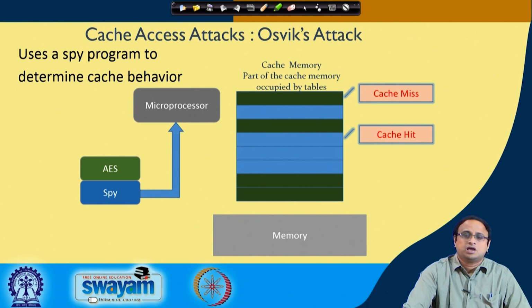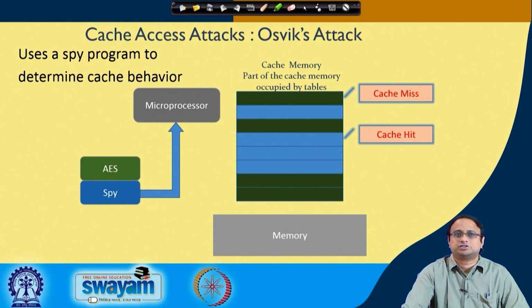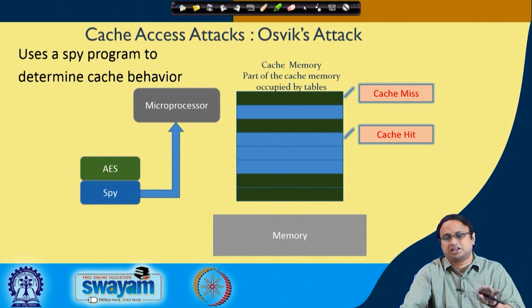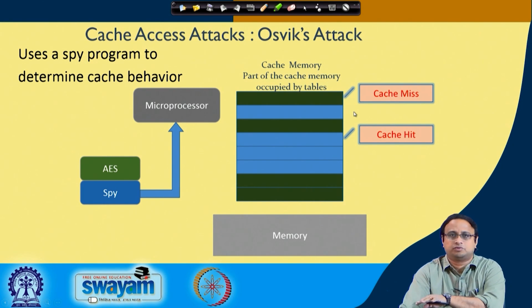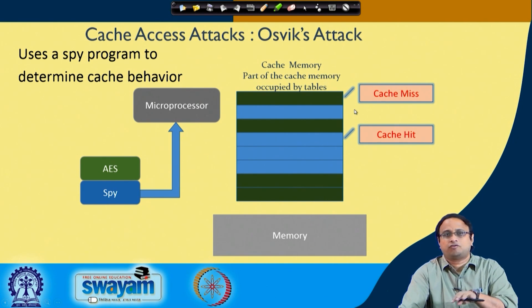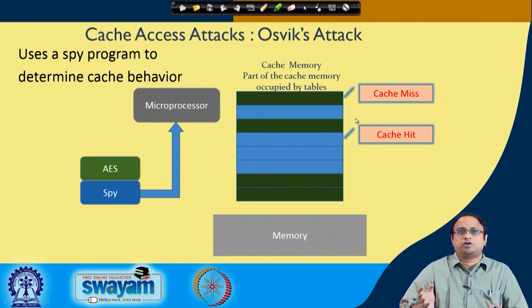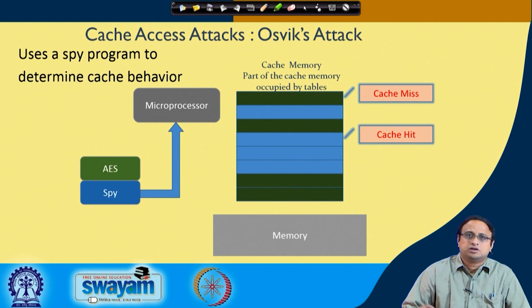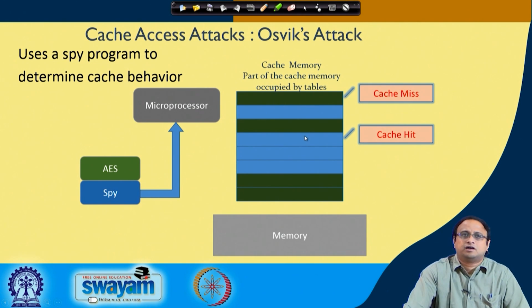Now we can combine this with something we already saw, when we built those equations of P0 XORed with K0 being equal or not equal to P1 XORed with K1, and from there reduce the entropy of the entire AES 128. So this is quite a devastating attack, and these kinds of attacks are often called prime plus probe attacks.